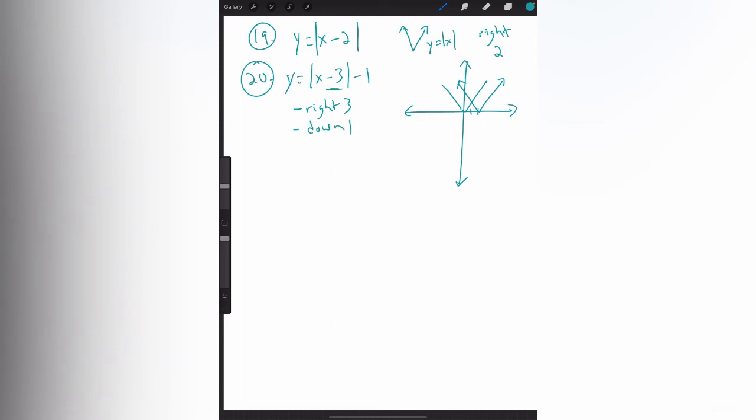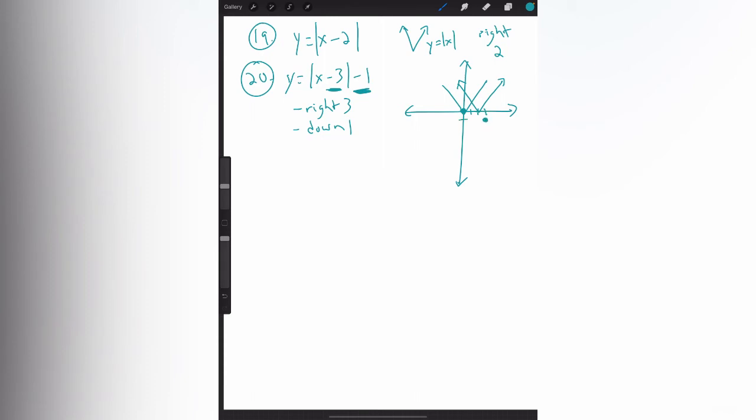And I know that because of the negative 3 there and the negative 1 there. So for my parent function that I started with the vertex at 0, 0, right? I can move my vertex to the right 1, 2, 3, to the right 3, and down 1.